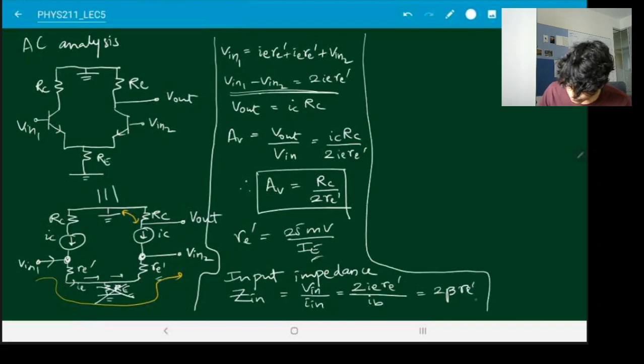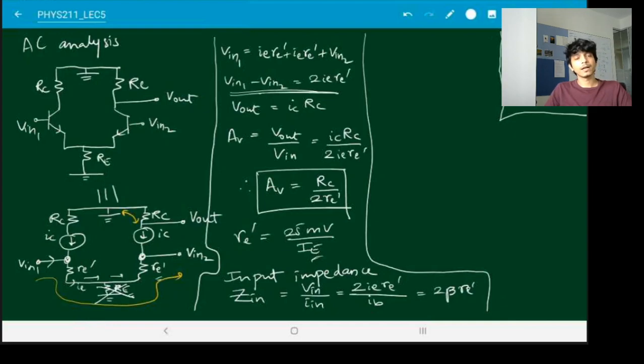What is the advantage of using a differential amplifier? A differential amplifier measures the difference between V in 1 and V in 2. Sometimes when you are trying to compare two signals like V in 1 and V in 2, and you want to amplify the difference between them, your signal doesn't just have the required signal, you also have a large amount of noise.